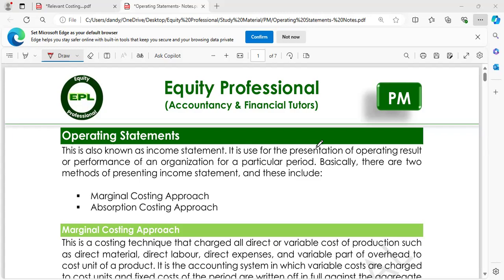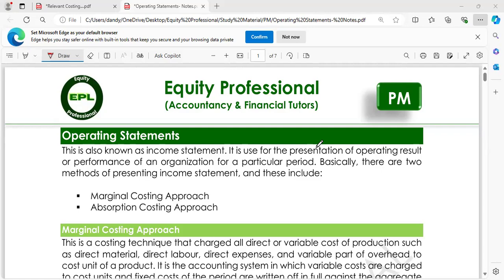Not only that, under the marginal costing approach, fixed production overhead is written off fully from the aggregate contribution, because fixed production overhead is not part of production cost under marginal costing.